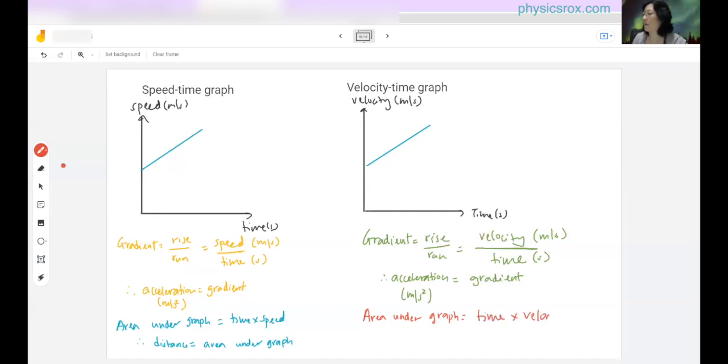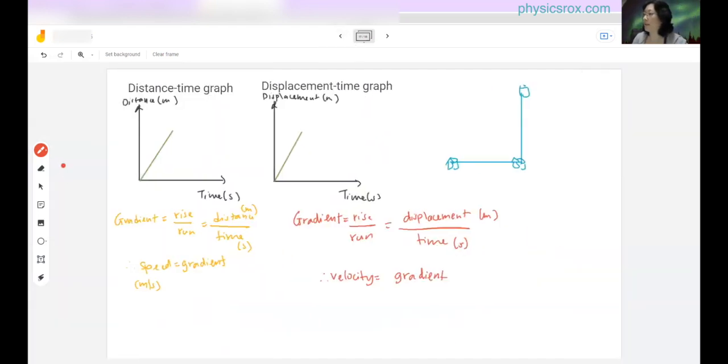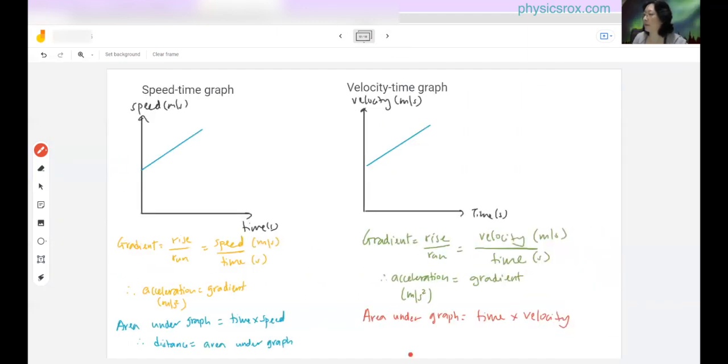Then if you remember, velocity is displacement over time, so you get displacement equals velocity times time. That's why displacement is the area under the graph, because of vector, scalar.